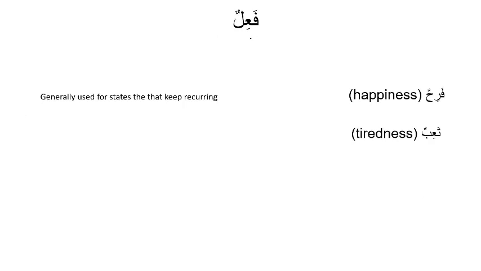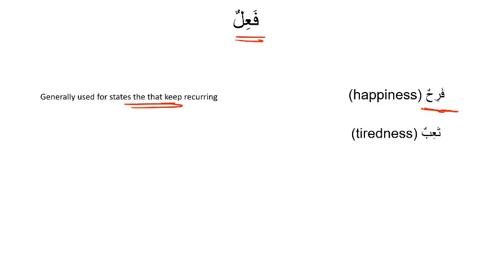Okay, another pattern is fa'ilun. This is generally used for states that keep recurring. So what does that mean? Farihun, happiness. Happiness is not something that we have all the time. Sometimes we are happy, sometimes we are not so happy. So farihun, something that happens from time to time.